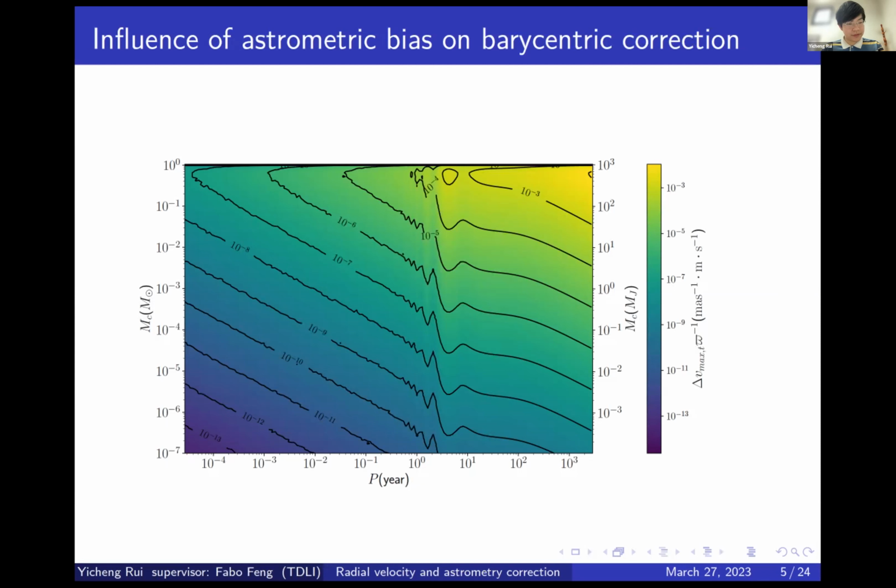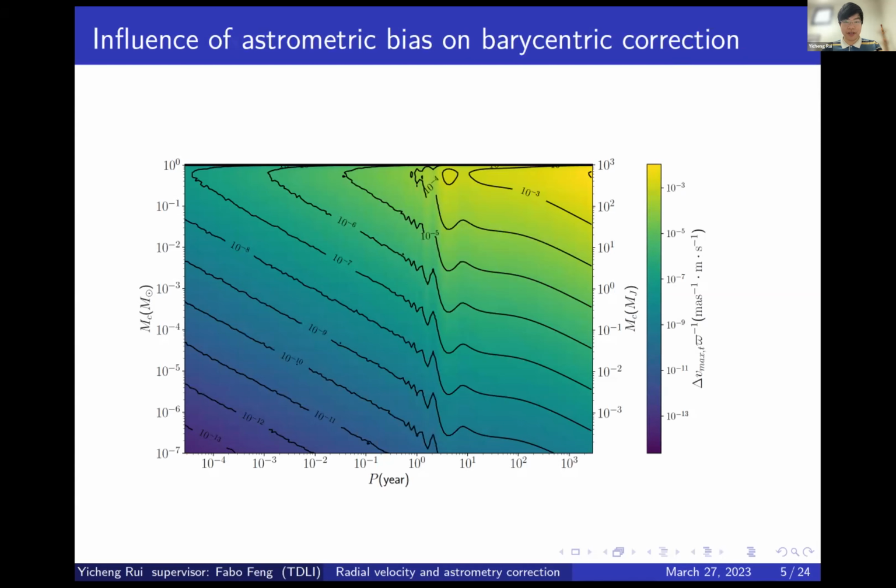So a substellar companion with about 0.1 solar mass would introduce a bias of about 10 centimeters per second for a target which is 10 parsecs from us. So it has the same scale as the radial velocity signal of Earth twins.